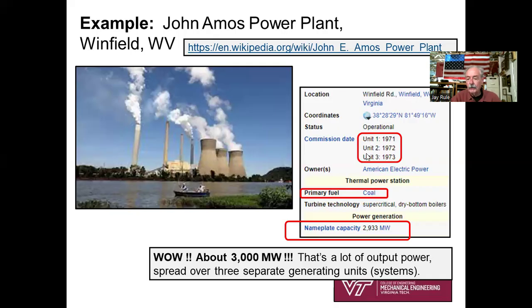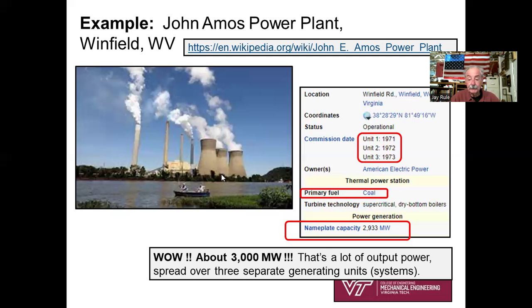And sure enough, when I go to Wikipedia, I see that these three units each are rated at about 1,000 megawatts of net output power each. And so what you're looking at in this image is about 3,000 megawatts of electric power running 24/7. So that's enough to blow your mind.